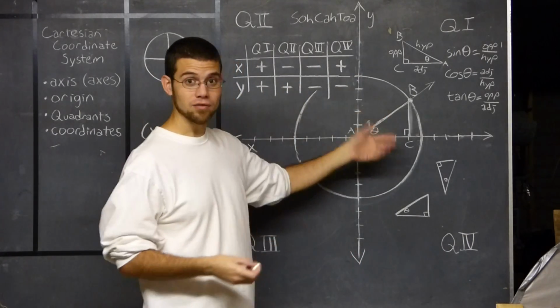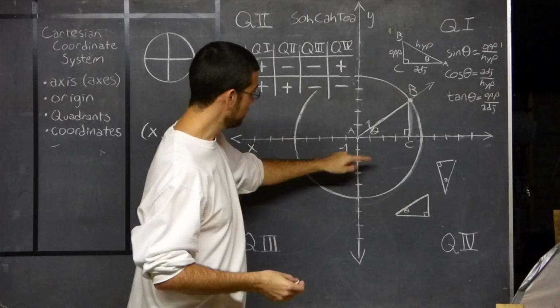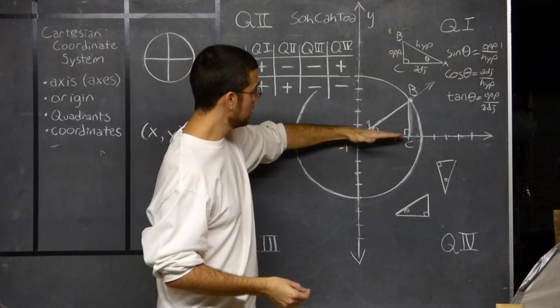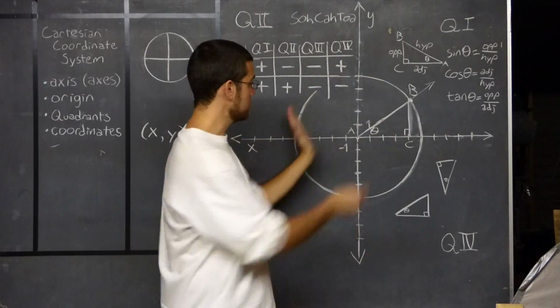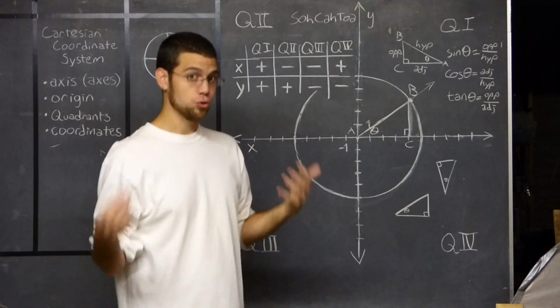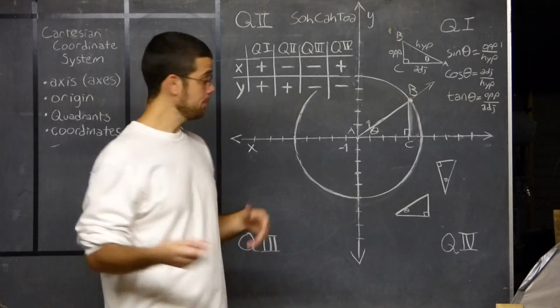Counterclockwise rotation, by convention, is positive. It starts at 0 degrees or 0 radians, and we go positive, positive, positive, all the way around is 360 degrees, as you know, or is 2 pi radians, as you also know.